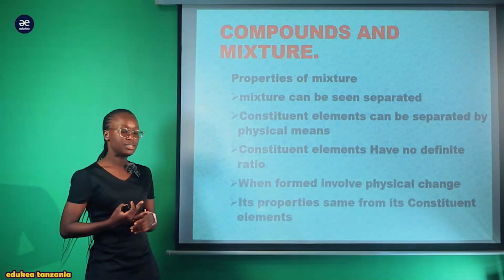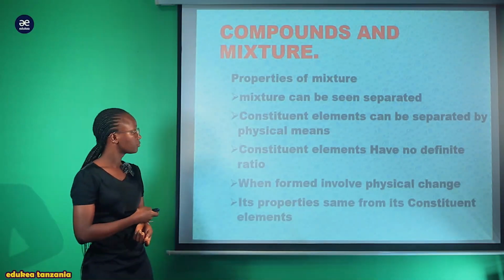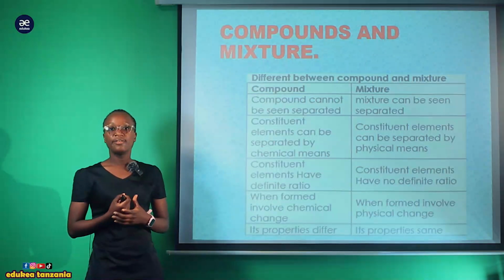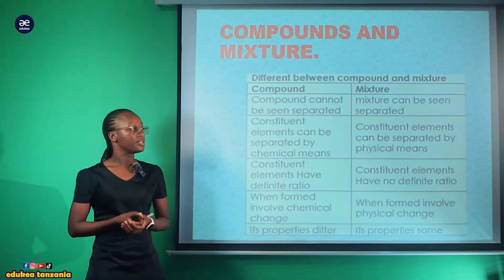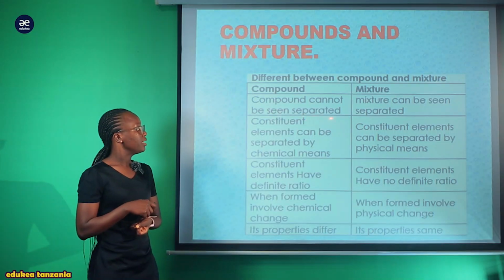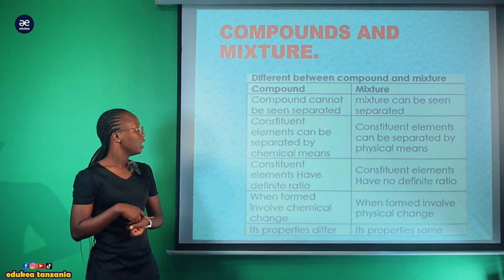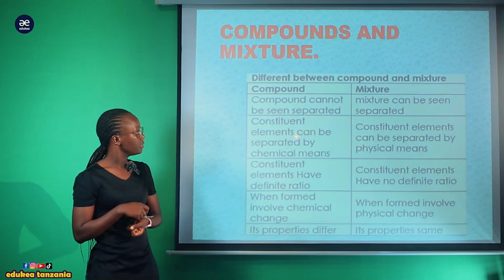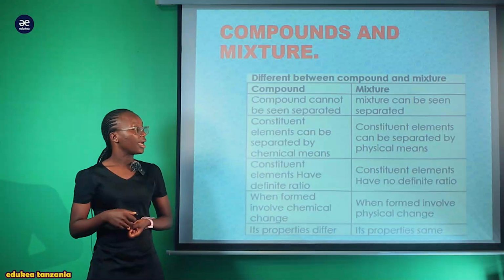Now let us see the difference between compound and mixture. A compound cannot be seen separated, while a mixture can be seen separated. Also, the constituent elements can be separated by chemical means, while in a mixture they cannot be separated by chemical means, as we are involving physical means.